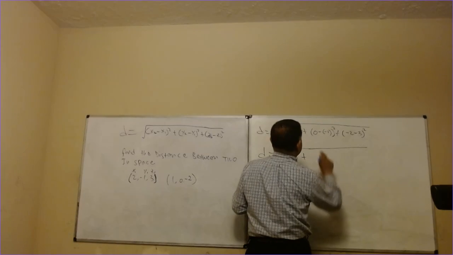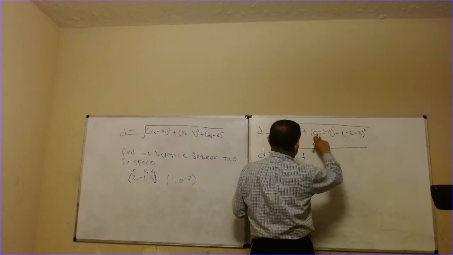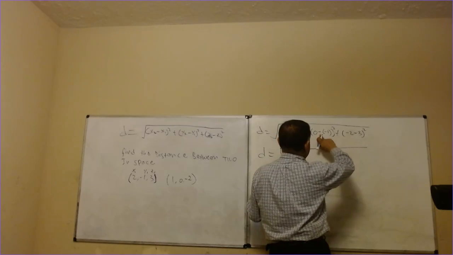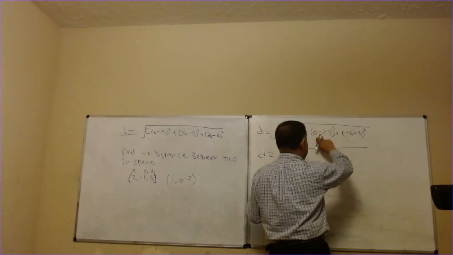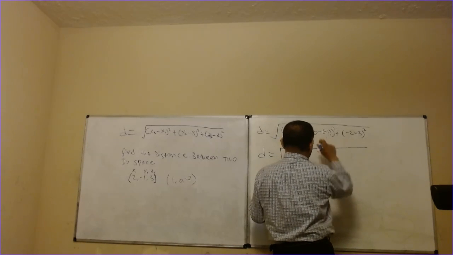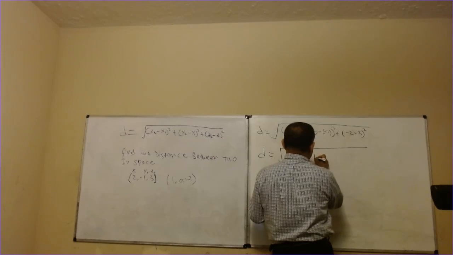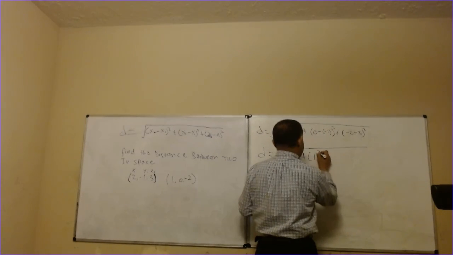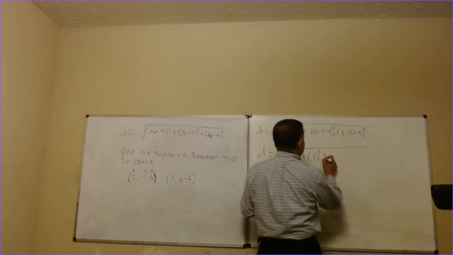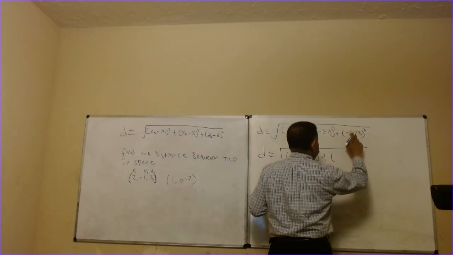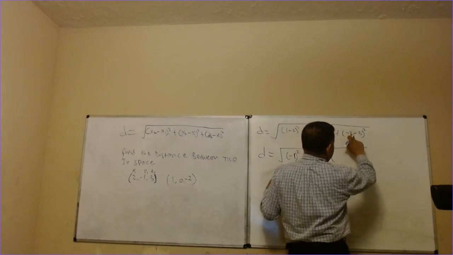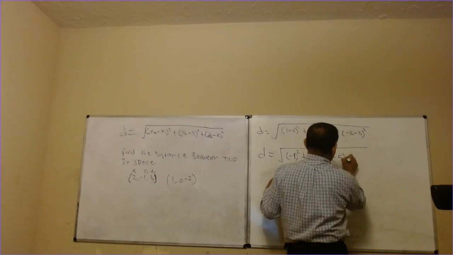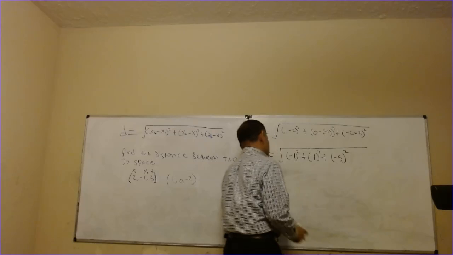Plus 0 minus negative 1, so it's a plus 1, and 1 squared. Plus negative 2 minus 3 is negative 5, squared.